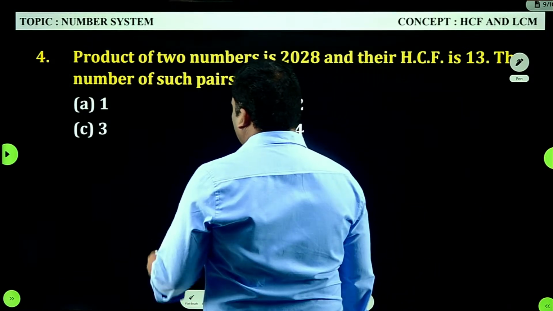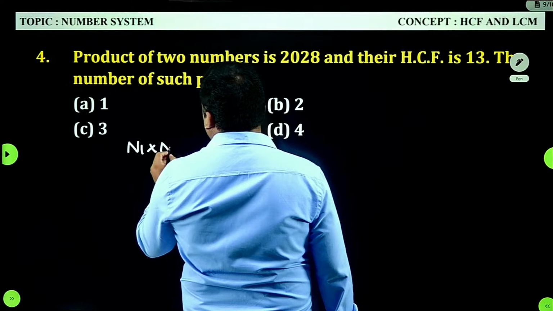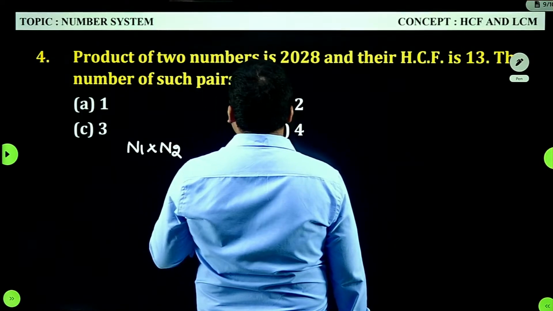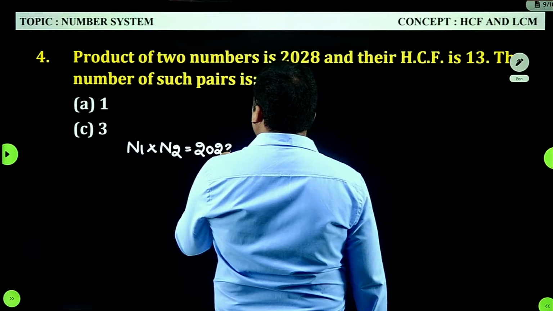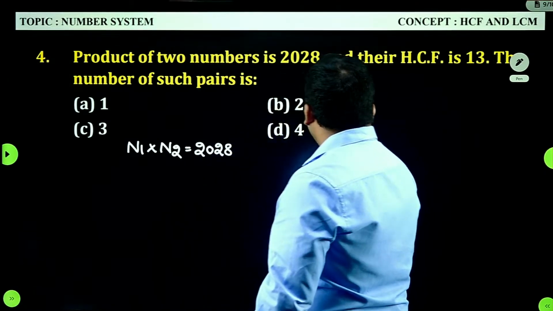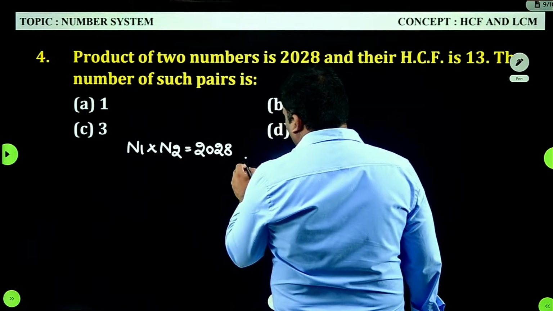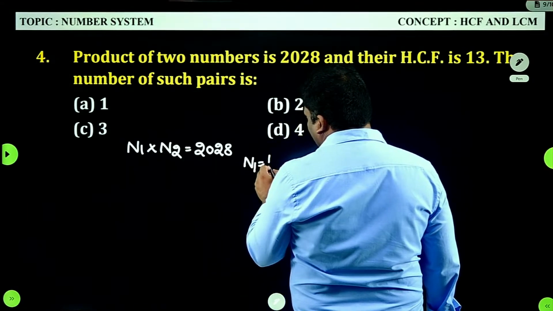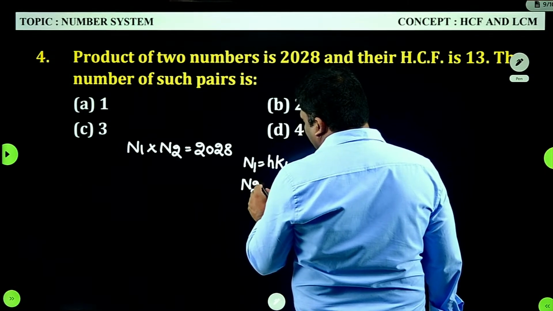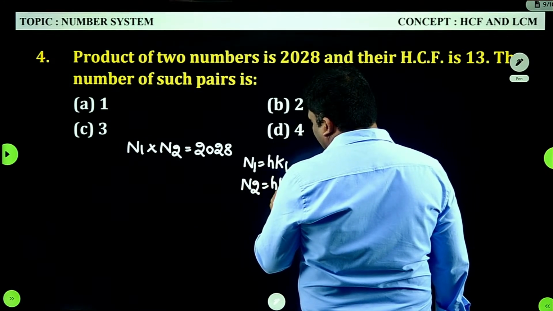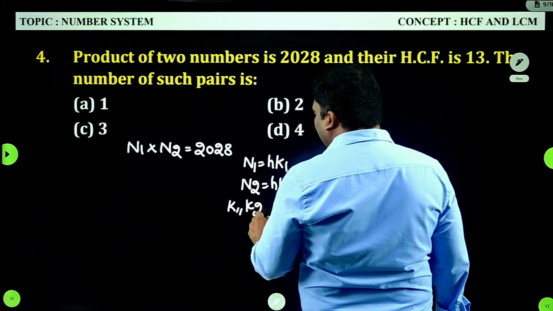Product of two numbers. Let me call one number n1 and another number n2. The product n1 into n2 is 2028, and their HCF is 13. Any two numbers, if the HCF is given, can be written as HK1 and HK2, where K1 and K2 are co-prime numbers.